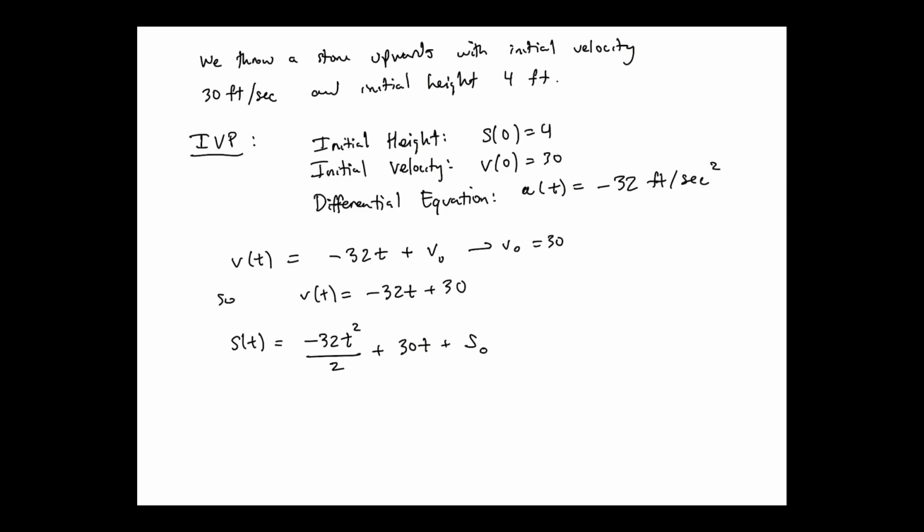Well, I'm doing the power rule in reverse, right? And we talked about the socks and shoes thing last time. Okay, what is S0? 4, because I throw it from 4 feet in the air. So S of t is negative 16t squared plus 30t plus 4.